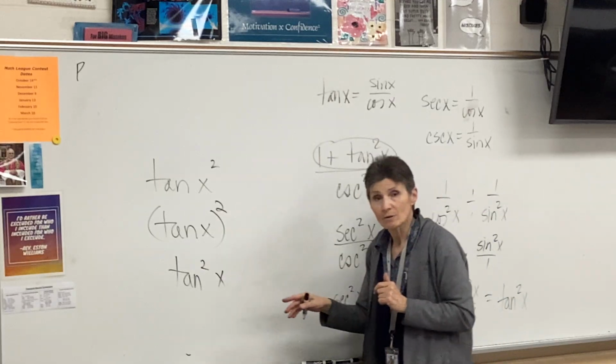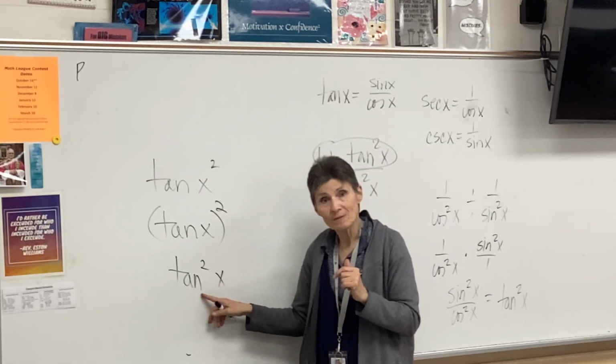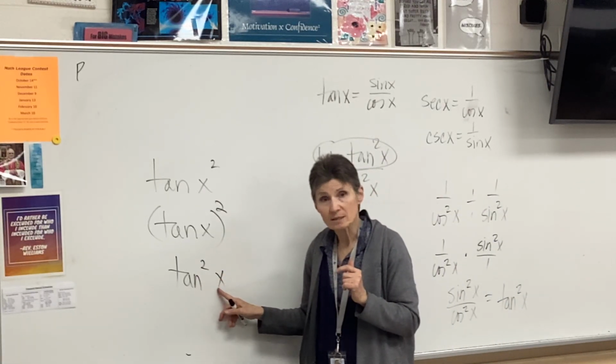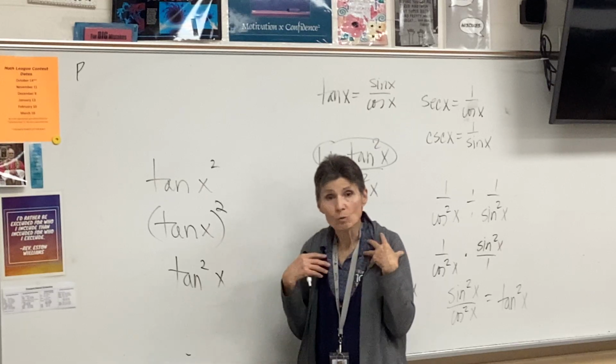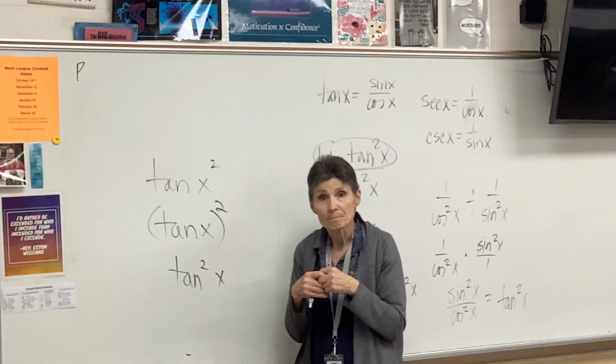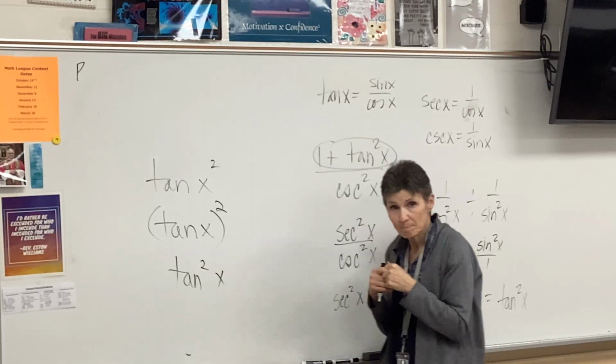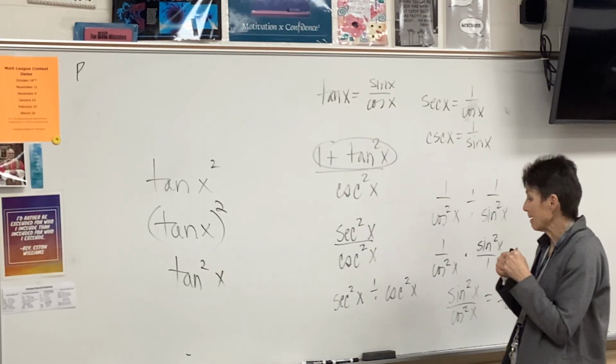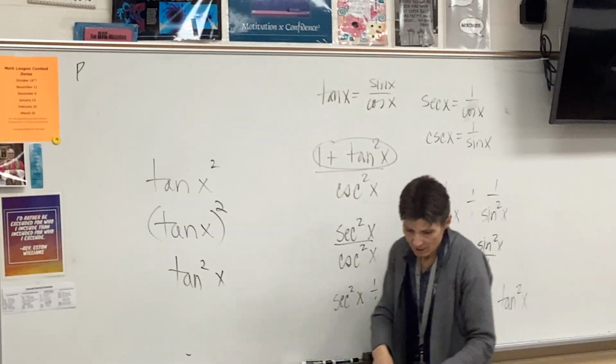If it's squared, the squared is going to go on the function, not on the x, so that I don't have to put parentheses, okay? All right, so we clarified that. All right, let's try the next one.